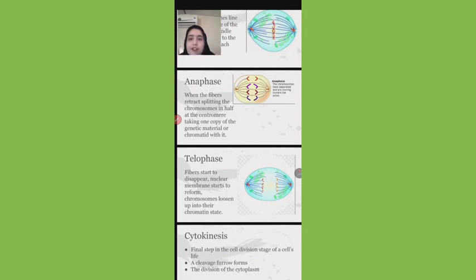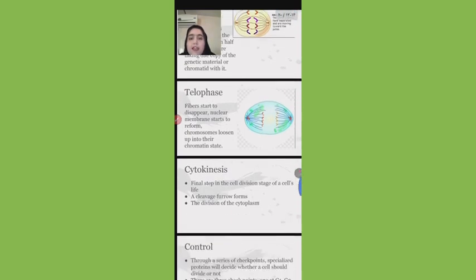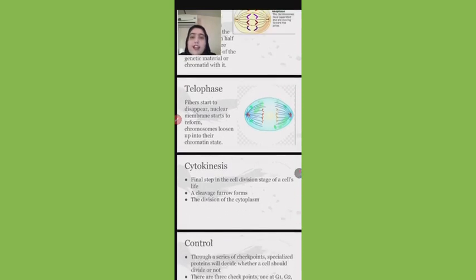The fibers retract, splitting the chromosome in half, and the centromere takes one copy of the genetic material, or chromatid, with it. The next, telophase. Fibers start to disappear and the nuclear membrane starts to reform, and chromosomes loosen up into their chromatin state.